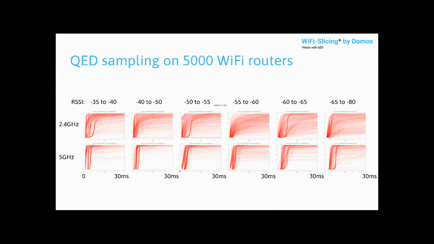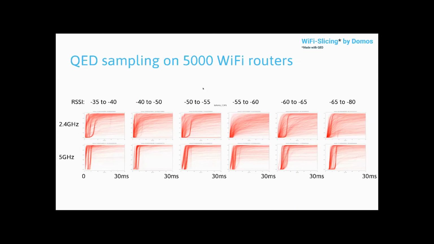I would point out first that the 5 gigahertz network is significantly better than the 2.4 gigahertz network. That was expected. And then there is another thing, which is as the signal strength increases, you don't really see all of the latency problems going away.